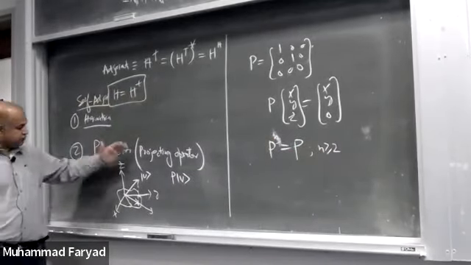This vector was PV. And if I operate it with Q, I get this vector, which is orthogonal to this vector space. So this is my QV.